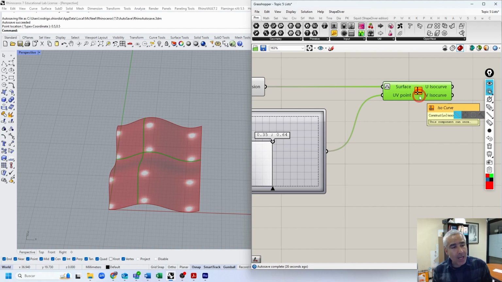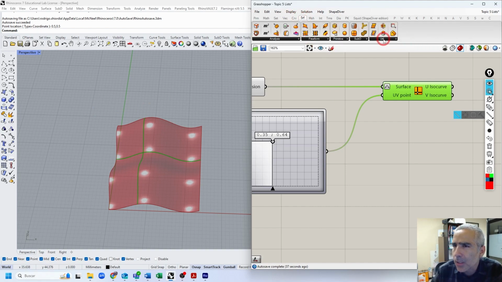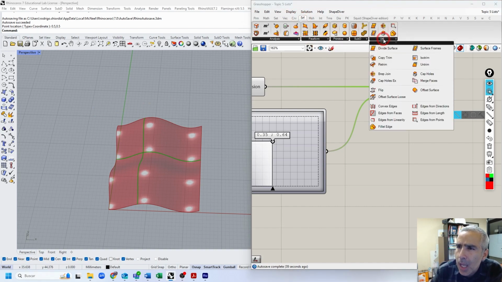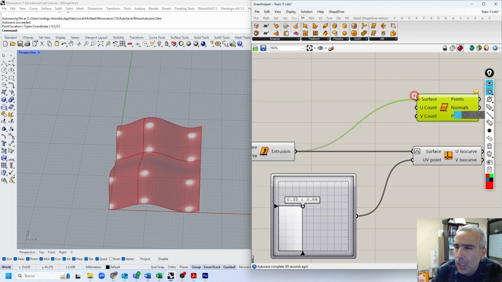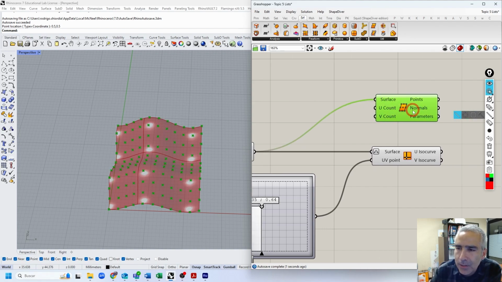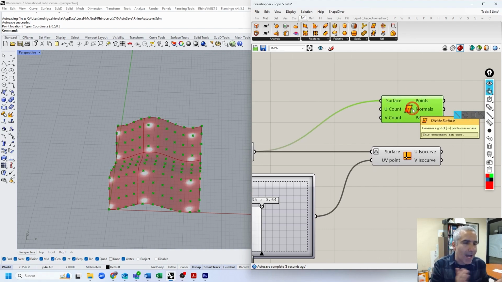And what we're going to do now is create arrays of these points on a surface. For example, you can go to Surface, then Utilities, and then Divide Surface. What this will do is divide a surface in the same way that you can divide a curve.